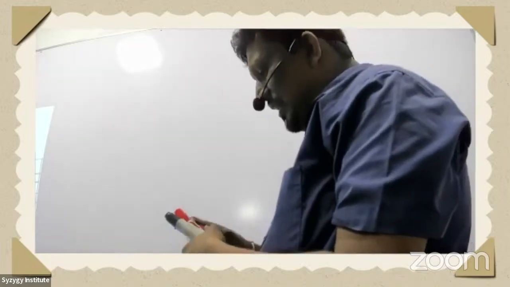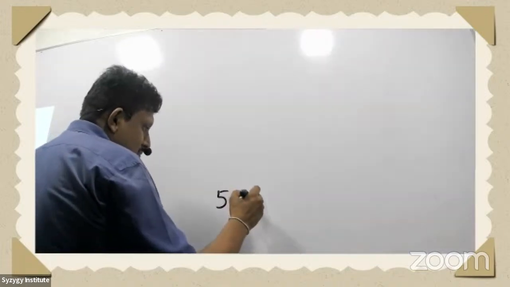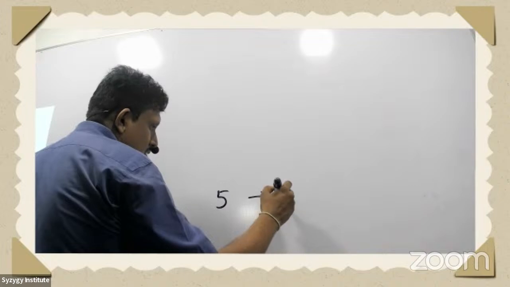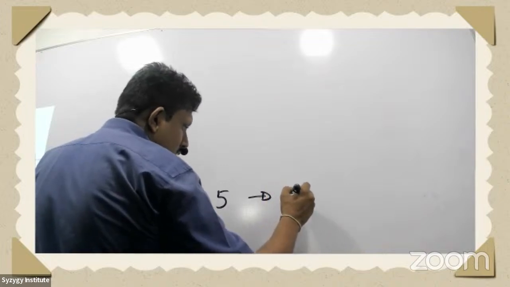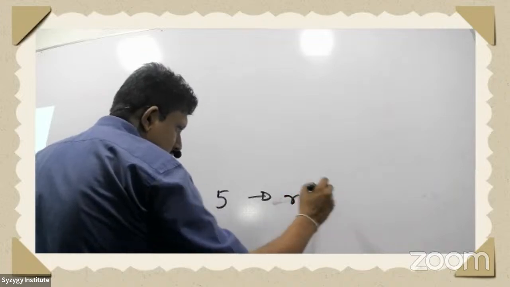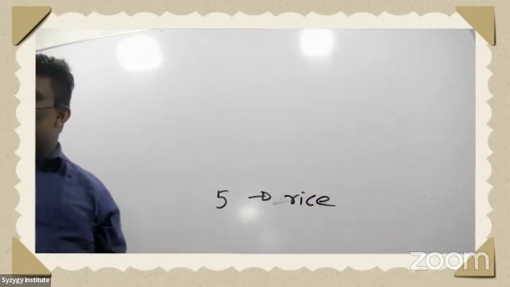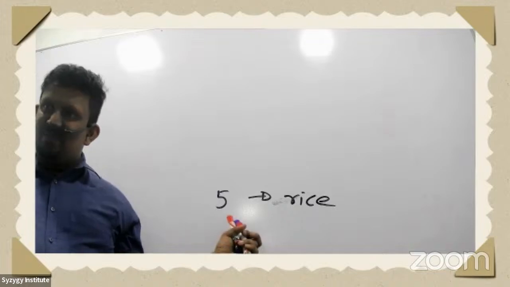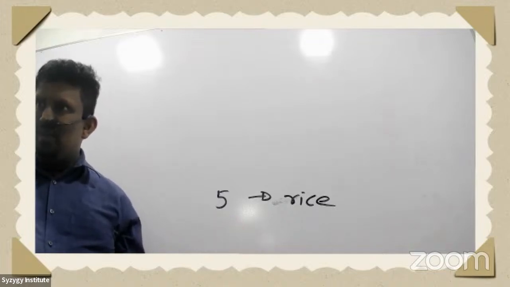As an example, if your mother asks you to bring five rice, can you imagine what this is? It's very difficult.